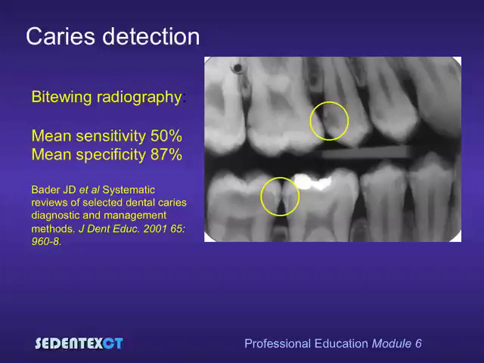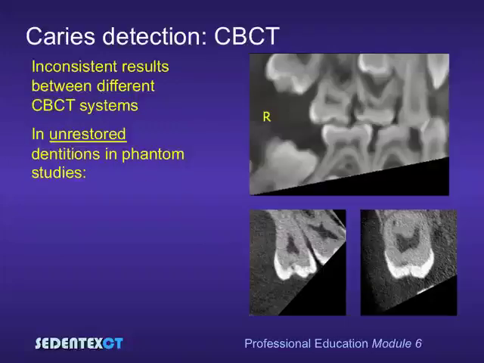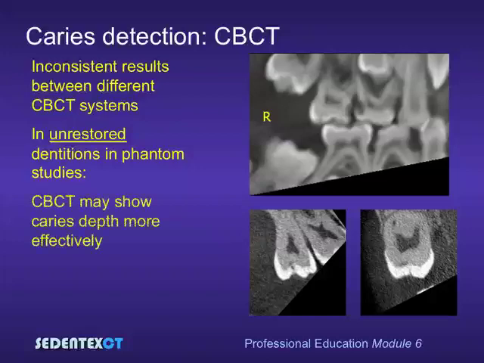What about cone beam CT? Well, there are inconsistent results between different cone beam CT systems. Clearly, some systems have different resolutions, different imaging characteristics, and so on. But the studies that have been carried out suggest that in unrestored dentitions, and that is an important point, in unrestored dentitions, in laboratory studies, cone beam CT may show depth of caries more effectively and the sensitivity may be better.